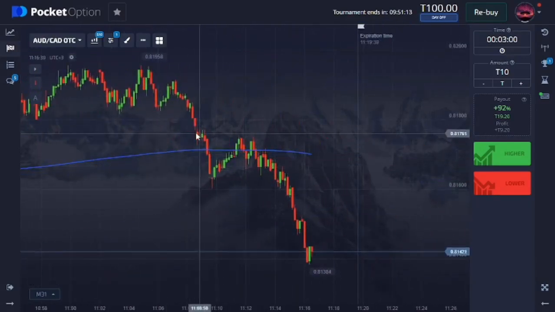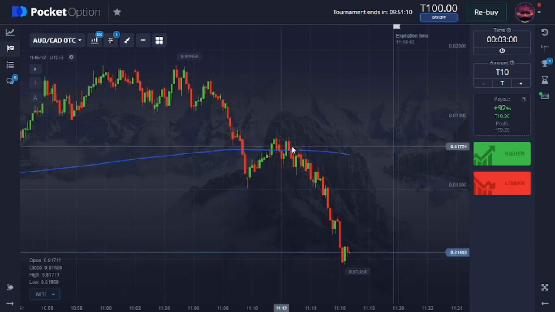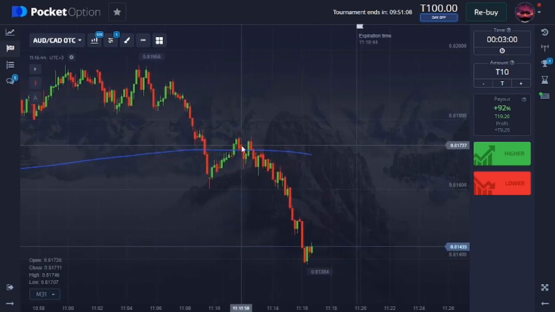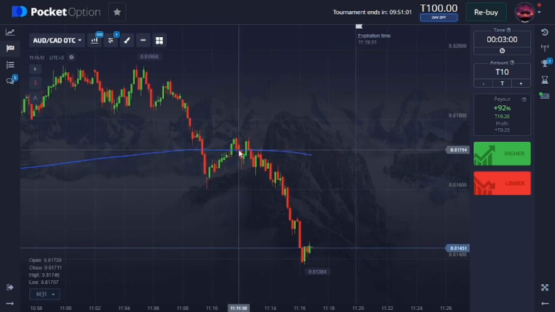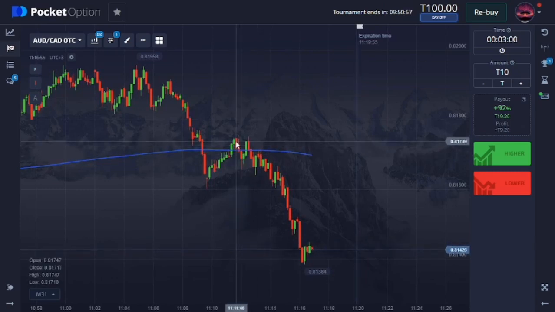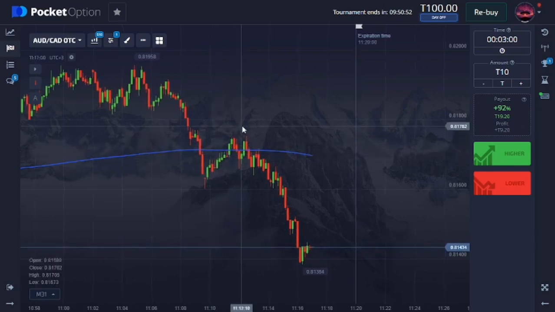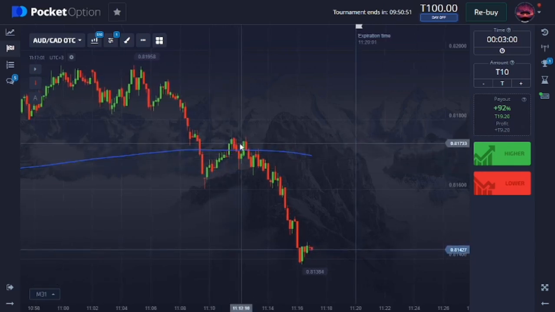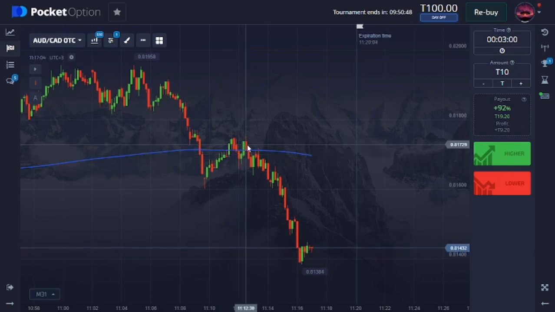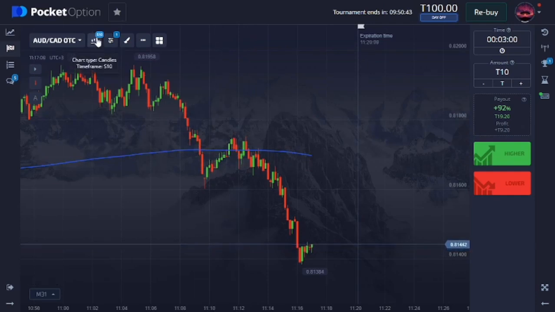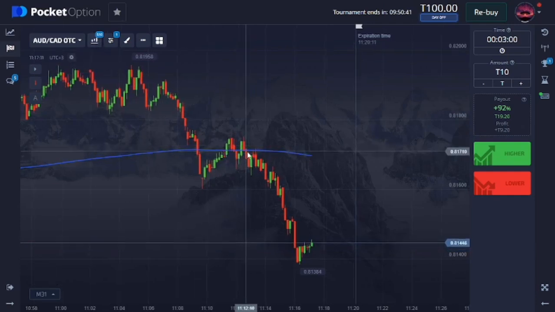As you can see from here, we had a retest. This was a good entry. Okay, this is a 10-second time frame, which means each candle represents 10 seconds of trading. So what we need is, if we had entered right here, after this candle finished because of a retest, 1 2 3 4 5 6, that is 1 minute, because 6 times 10 is 60 seconds, that is 1 minute.